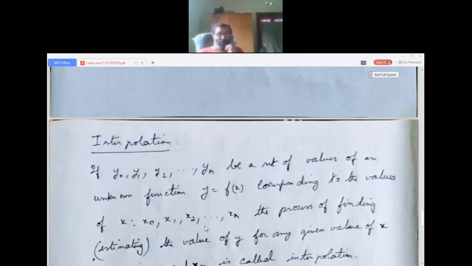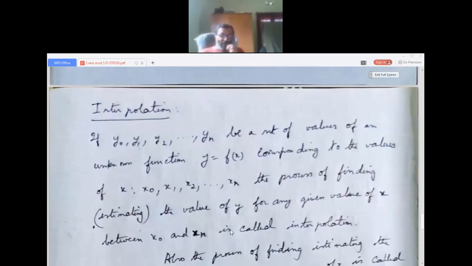So what is interpolation? I am explaining the process of finding, calculating or estimating the value of y for any given value of x between x0 and xn.